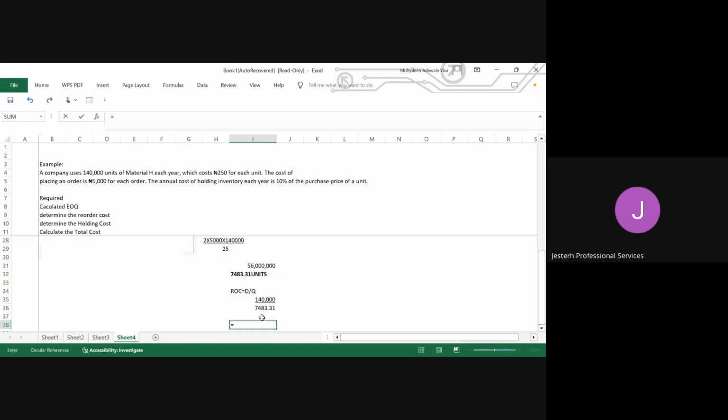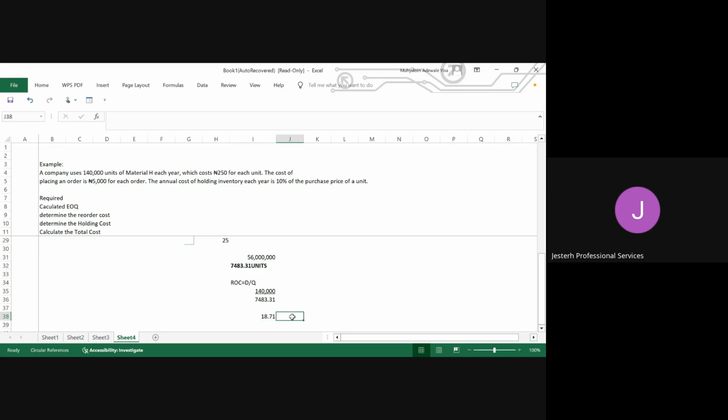You will now divide this 140,000 by 7,483.31. Okay, let me make these 2 decimal points.